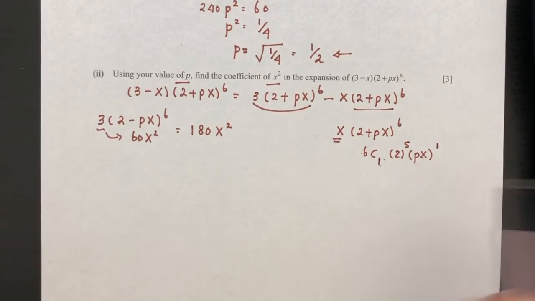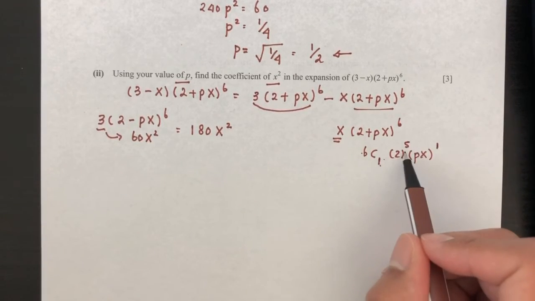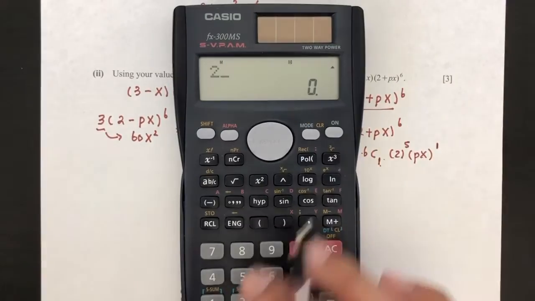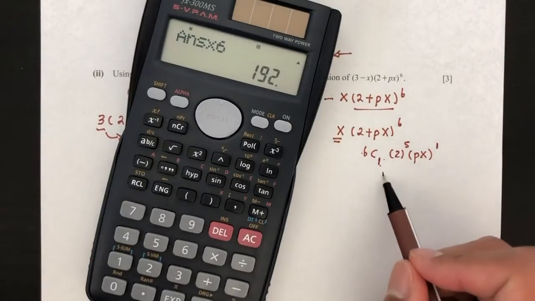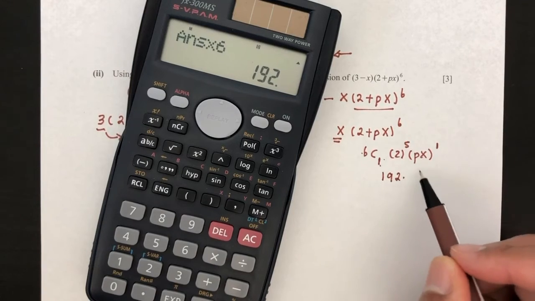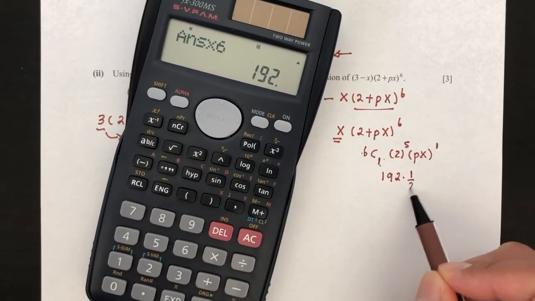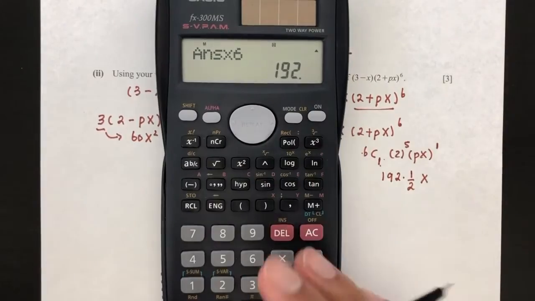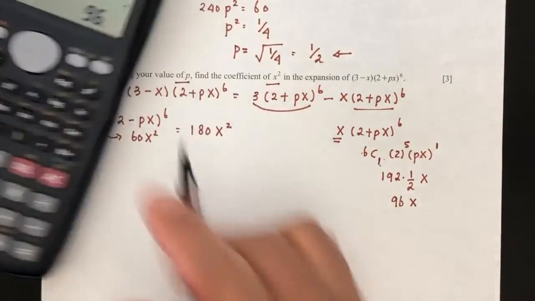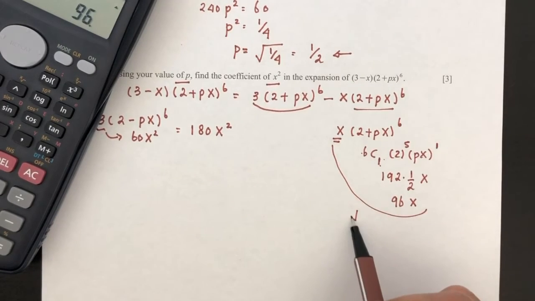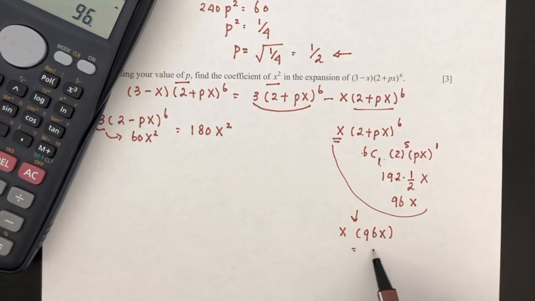So if you simplify, that will be 6 times 32. 2 to the power 5 is 32. Times 6, that will be 192. 192, p is half x. So divide by 2, that will be 96x. So this term becomes x times 96x, that is equal to 96x squared.